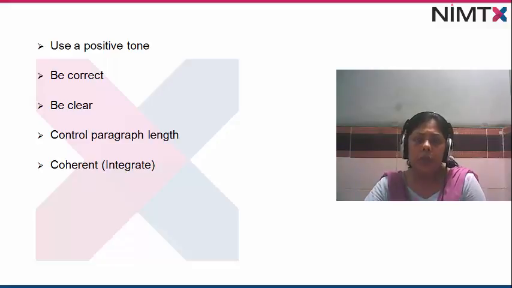For example, you're writing in the first paragraph about the financial audit that has taken place, and in the second paragraph, suddenly you change the topic. This is not integration. As I mentioned earlier, you may use words that integrate the paragraphs together. So this should be there, because it would create an effective response again.